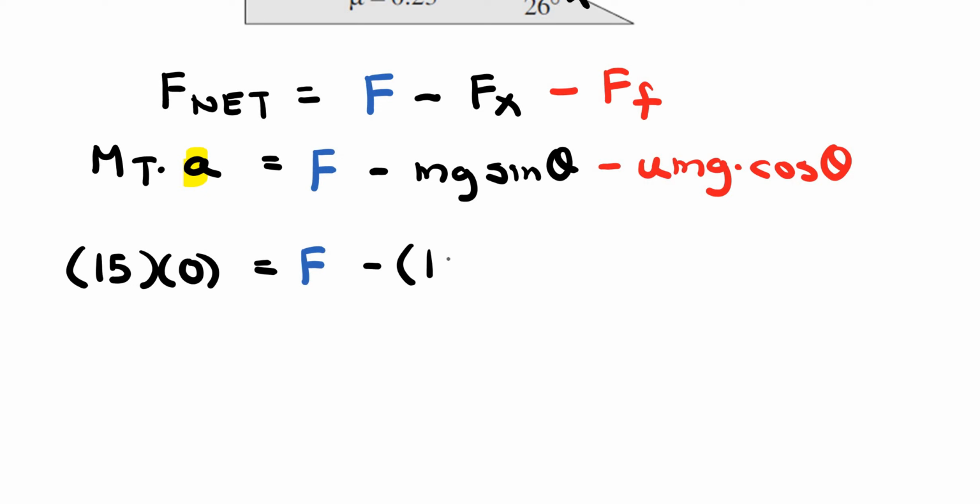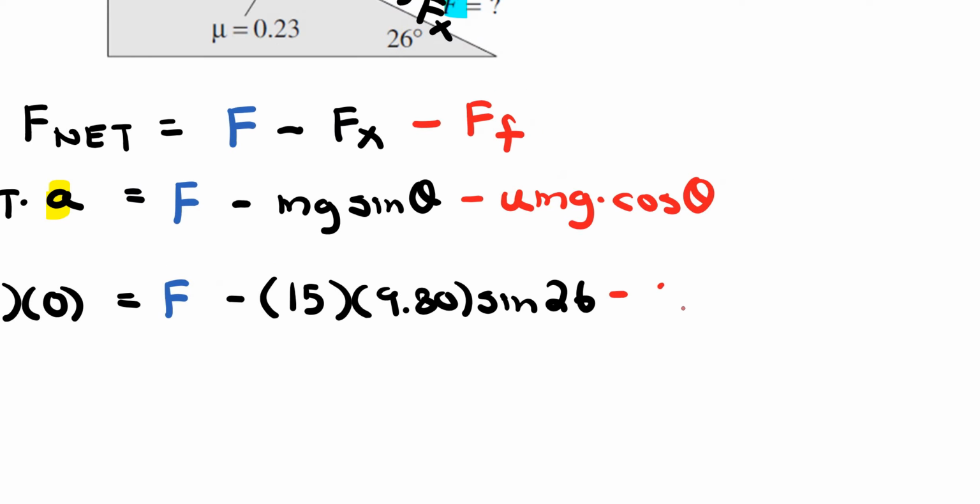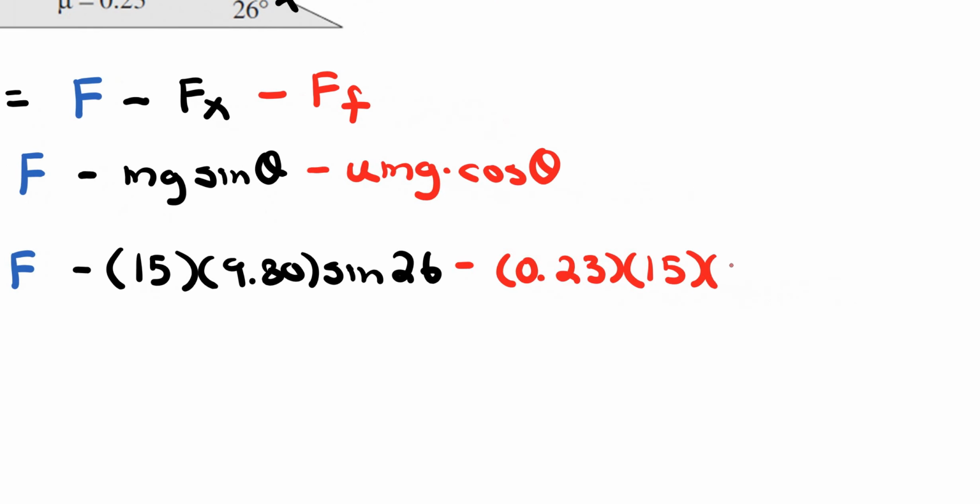So this is going to be 15 times 9.80 times sine of 26, minus the coefficient of friction, which is 0.23, times the mass, which is 15, times 9.80, times cos of 26 degrees.